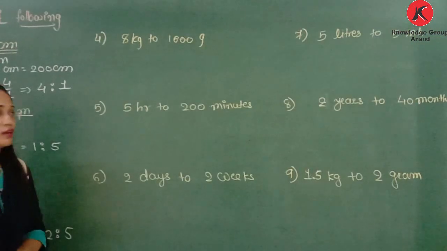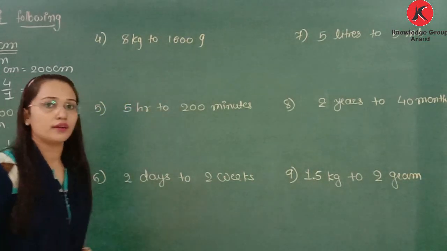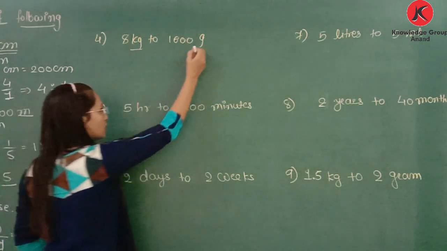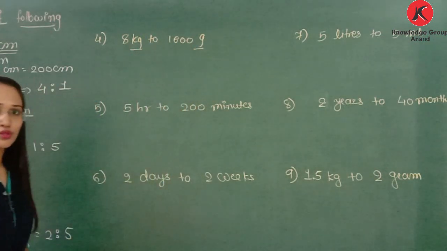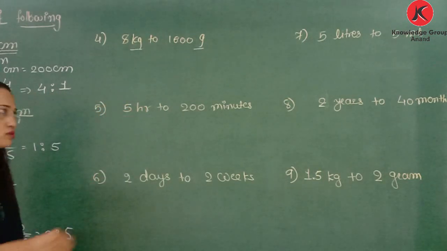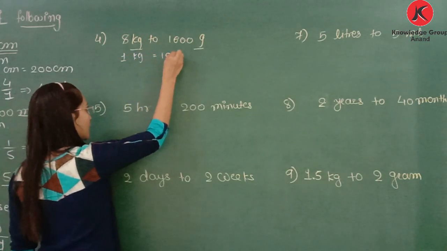Clear? Now next one, 8 kg to 1600 gram. Here one unit is in kg and the other unit is in gram, so we will convert kg into gram. Now 1 kg is equal to 1000 gram.